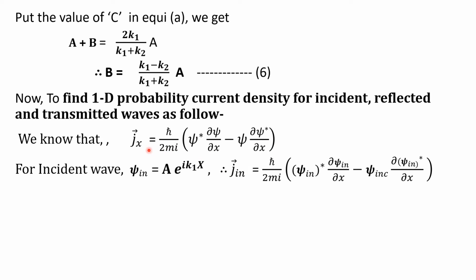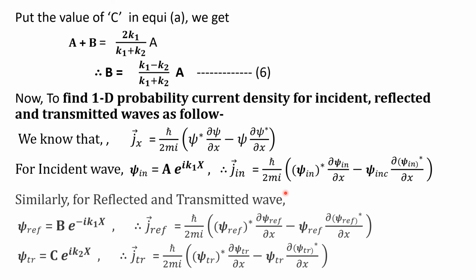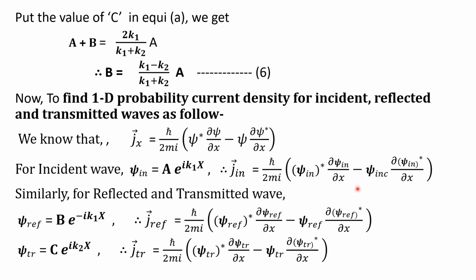Therefore we write firstly the probability current density for the incident wave: J incidence is equal to h cross divided by 2mi into the bracket psi incidence star dou psi incidence by dou x minus psi incidence dou psi star incidence by dou x. Now the complex conjugate, psi star incidence, is A into exponential minus i k1x. If we substitute values here, we find directly the result. That result we note after this next equation.